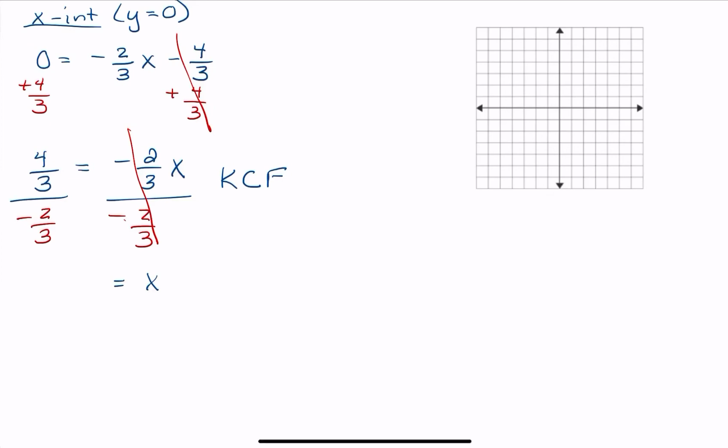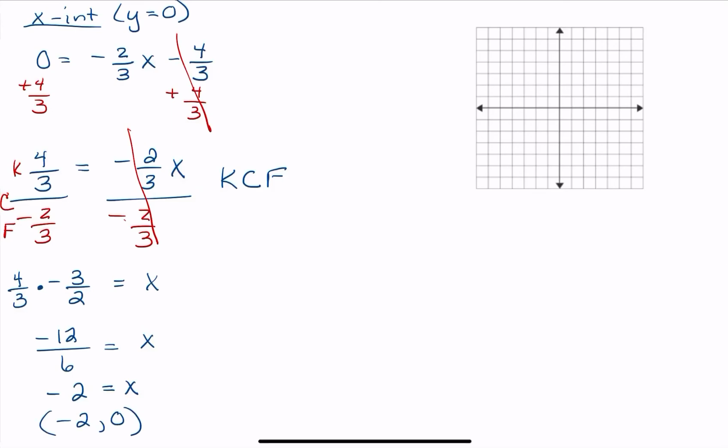That means you're going to keep the top, change the division to a multiplication, and flip the bottom. So you're going to have 4/3 times negative 3/2 when you flip the bottom. So you're going to multiply across. 4 times negative 3 is negative 12. And then the denominators, 3 times 2 is 6. So I've got negative 2 equals x. So our x-intercept is negative 2, 0.